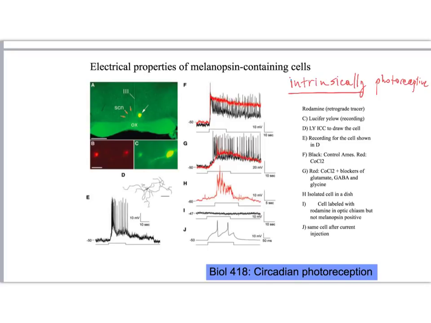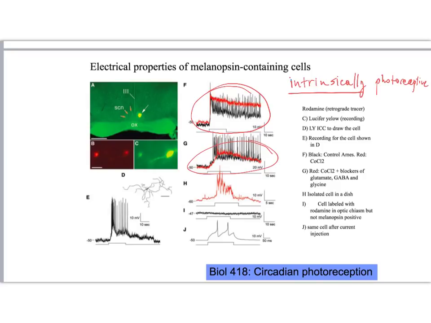What it means is that these cells can respond to light even in the absence of any synaptic input from any other cell in the retina. And all these recordings showing depolarization and action potentials are shown, in fact, in the absence of any synaptic input to the ganglion cells, as you've seen in the Hattar paper.